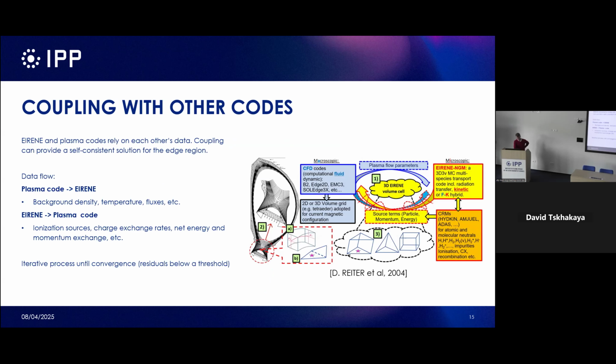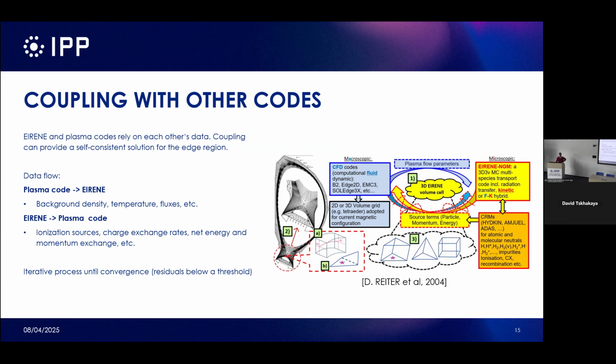So about coupling with other codes, as I said, it's usually coupled with fluid codes, where both types of codes need each other's data to get some self-consistent solution for the edge region. The plasma codes provide background density and temperature and fluxes to the surfaces.